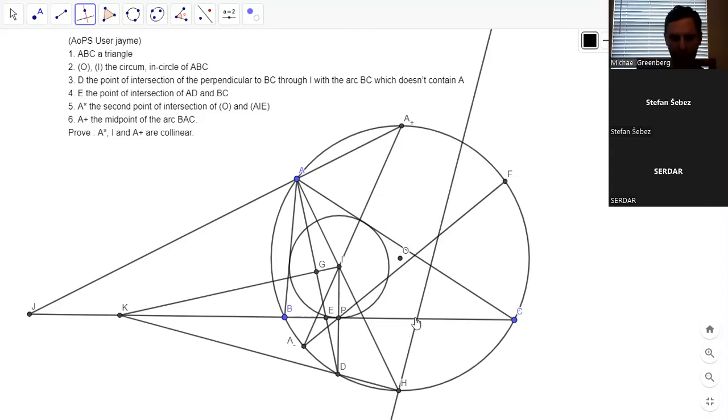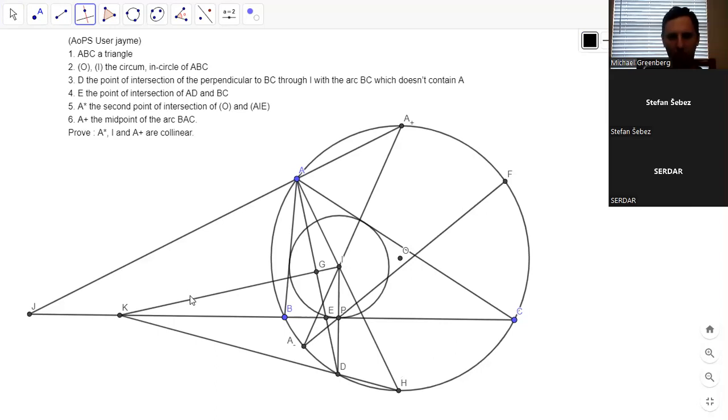You know, that's cyclic. And delete segment IK.